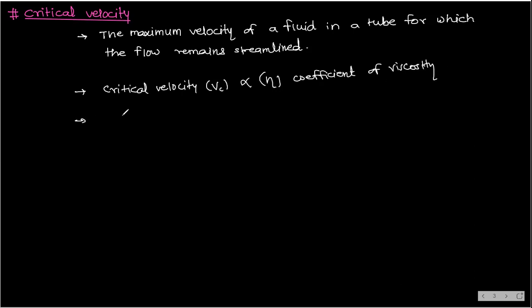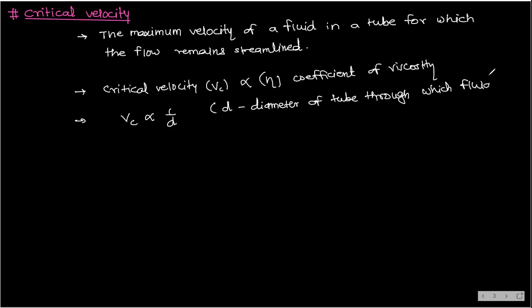Next, this critical velocity is inversely proportional to the diameter of the tube, the diameter of the tube through which the fluid is flowing.